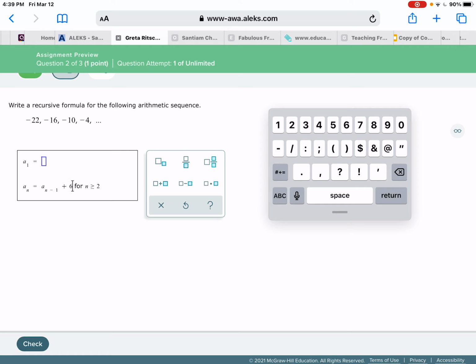All right, and then our first term was negative 22. And notice that it says for n is greater than or equal to 2, because you have to calculate your first term before you can keep calculating all the other ones.